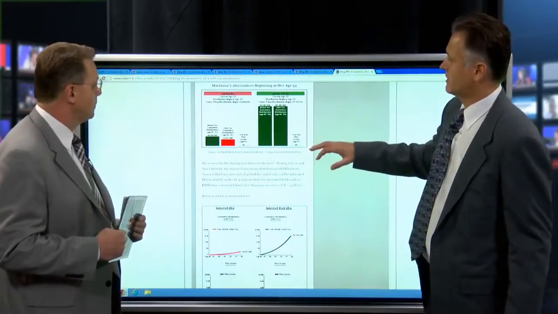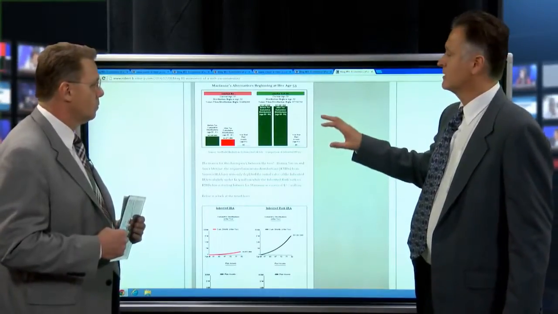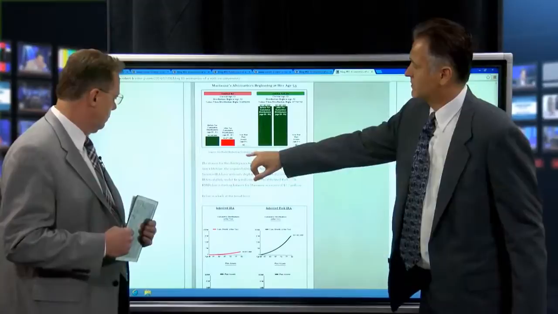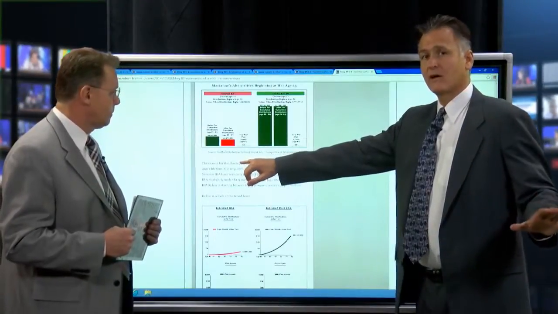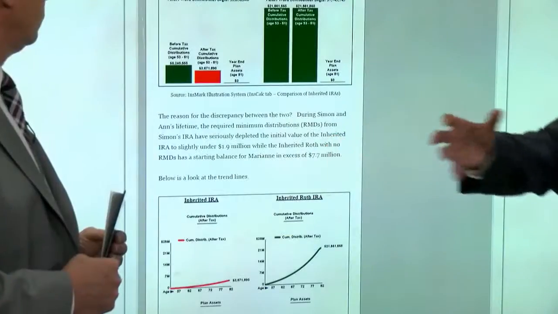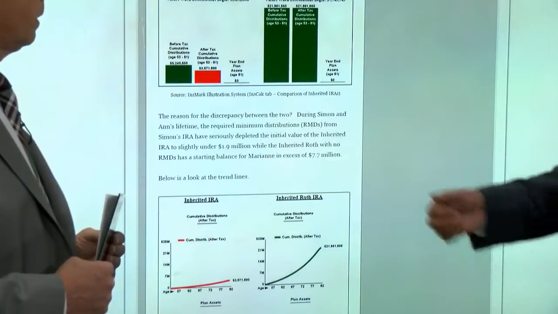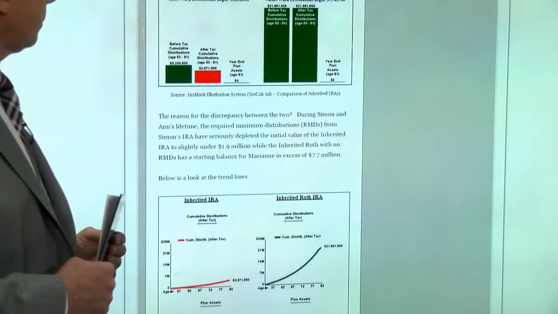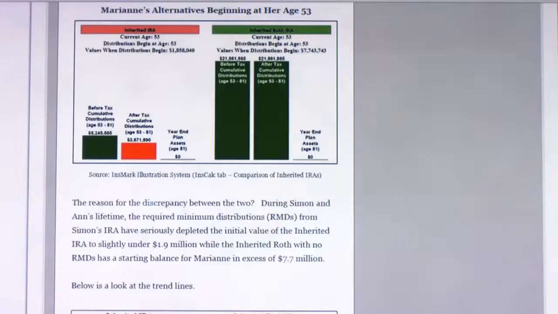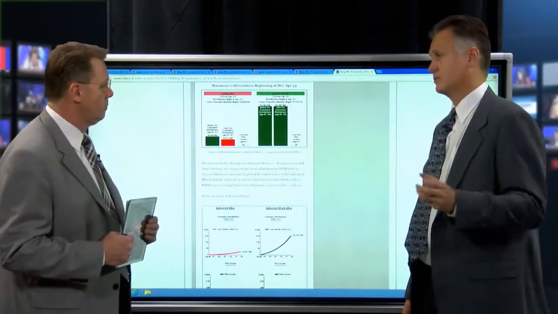And here you can see, you'd have to study these numbers, but the value to the heirs, if we just leave the IRA alone, was $3.6 million of distributions over time after tax. The value of converting to the Roth and then making the heirs the beneficiaries of the Roth is almost $22 million. So it's really incredible for intergenerational planning.